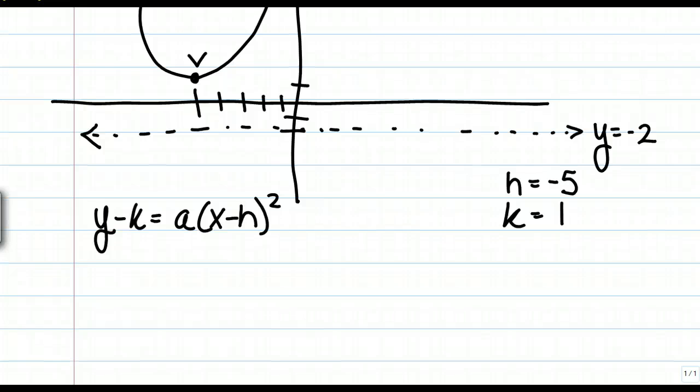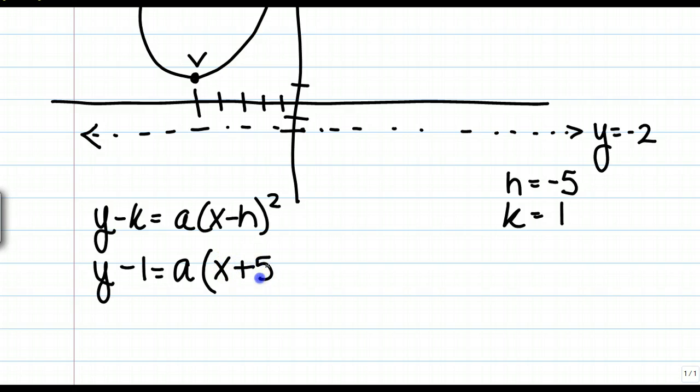So we can plug that in to this guy right here. I'll have y minus 1 equals, we don't know what a is yet, x, and it's minus -5, so it's really going to be a +5, right? It's opposite of what we think, squared. So the only thing we're missing is our a.